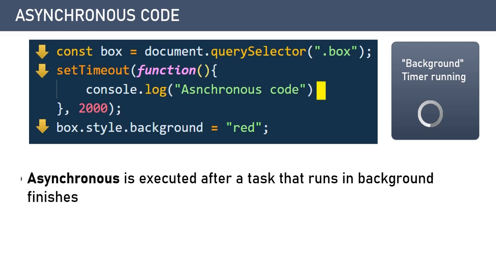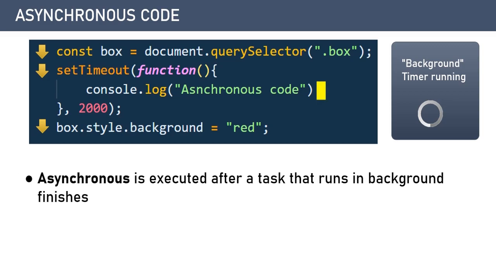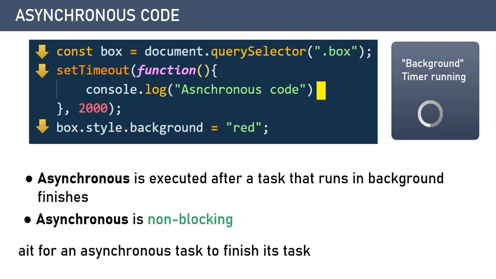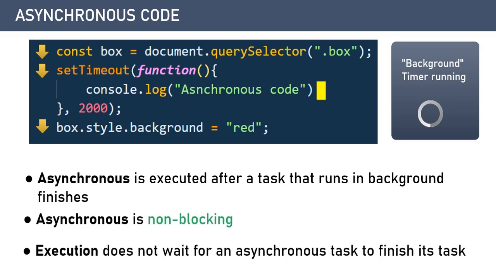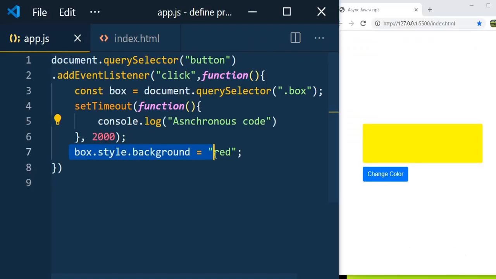So asynchronous code will get executed whenever the background task completes its execution. Asynchronous code is non-blocking and the execution of code doesn't wait for an asynchronous task to complete. So here the third statement will not wait for this setTimeout to complete but it executes immediately.